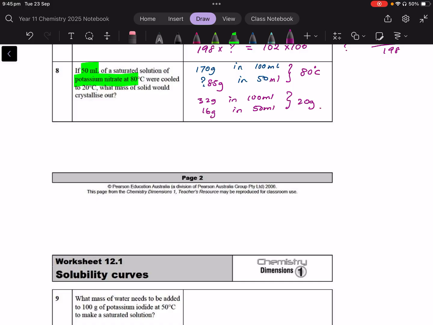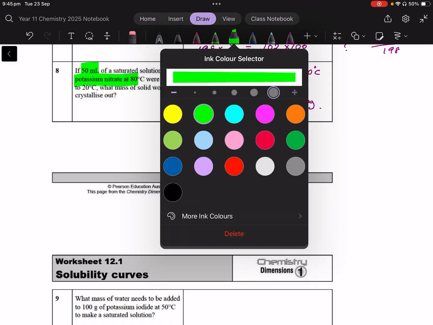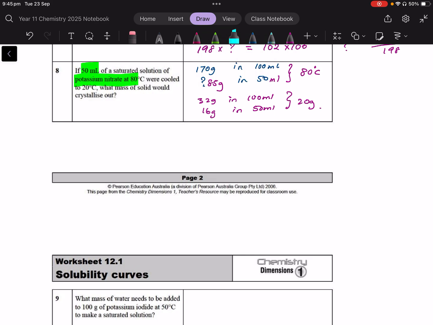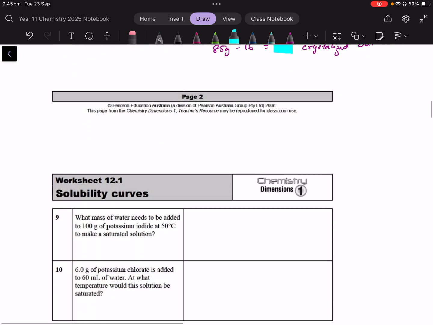So the amount that's going to be crystallizing is 85 minus the 16. That'll give me the answer. 85 grams minus the 16 will be the leftover salt, undissolved or crystallized out. So you can just fill that out. Whatever number you get there, you can just fill that in there, and that'll be your answer.